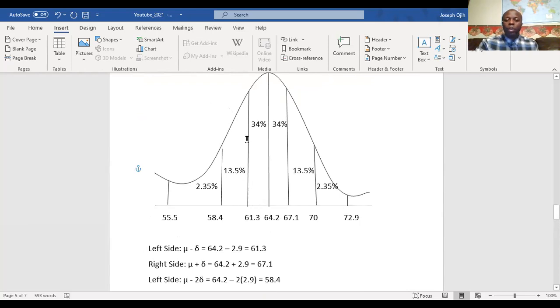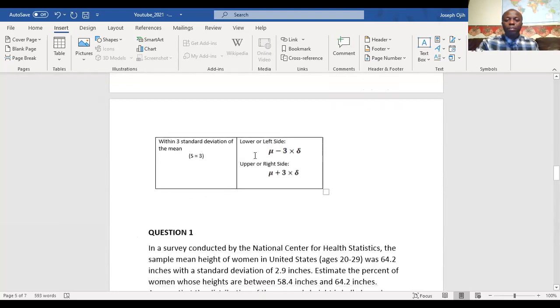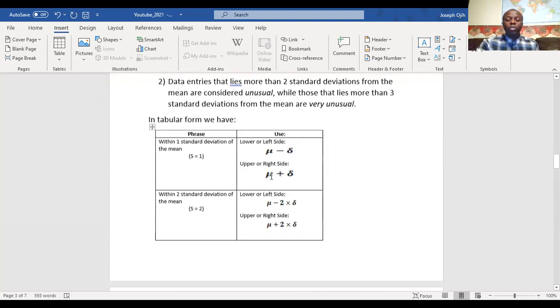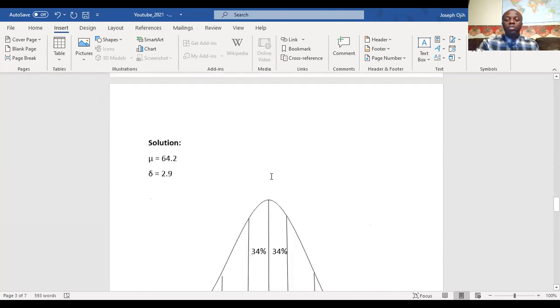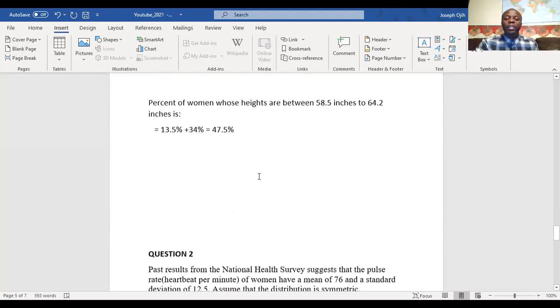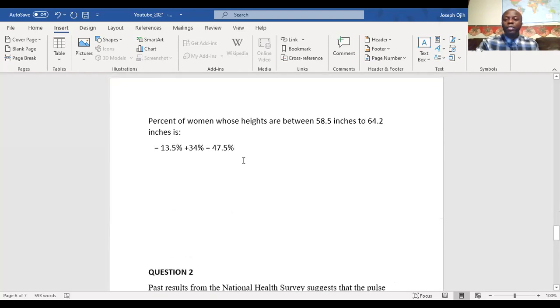But since we already have this chart, remember I said that these values for empirical rule are set in stone, so you don't change it. For the next one, I'm just going to copy this chart. The only thing that will change is the formula. These numbers are the bottom. So I'm gonna copy this and paste it for the next one. Make it easy for us, okay? So the answer again is 47.5%.